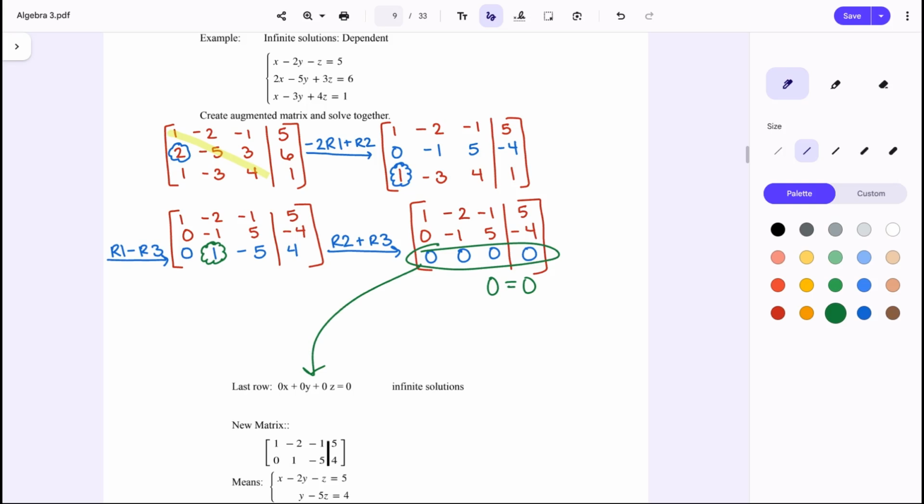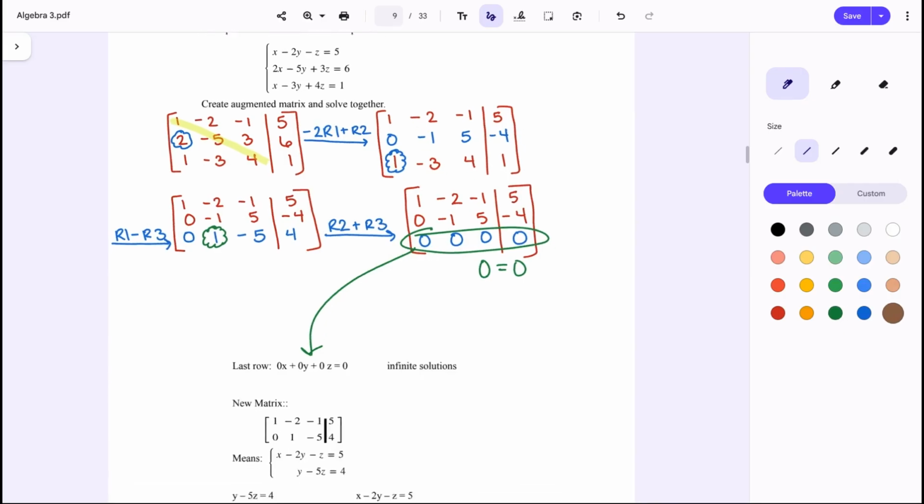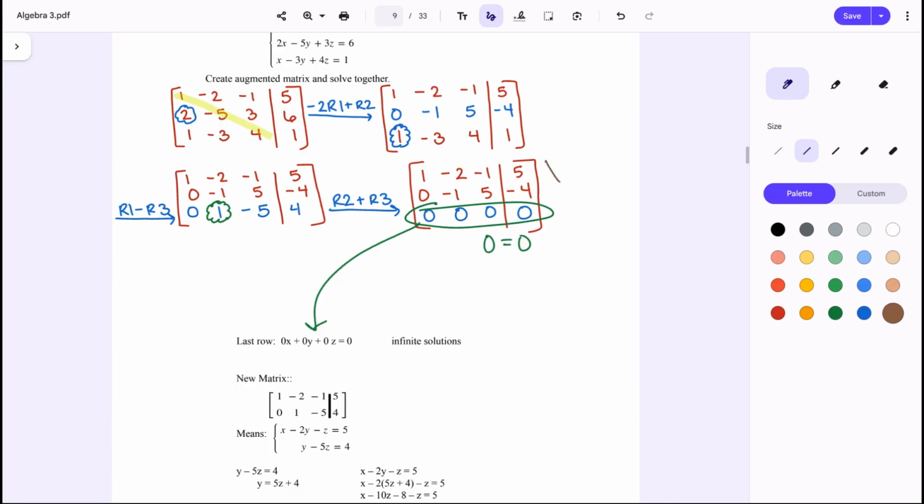Now, when that happens, that bottom row is gone. What we can actually do is with those top 2 rows, we can create a new matrix. So you'll see down here what they've done is they've taken these top 2 rows, the 1, -2, -1, 5, that row 1 and row 2, and they're writing it down here as a new matrix. So they're just grabbing all those numbers down.